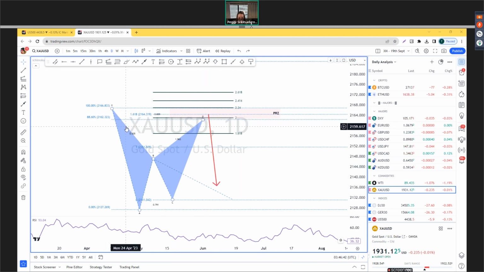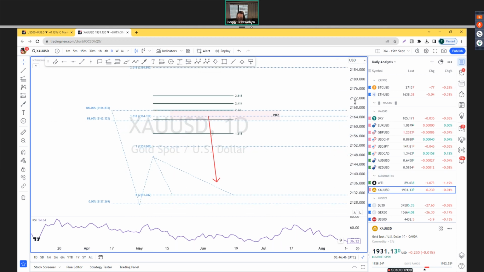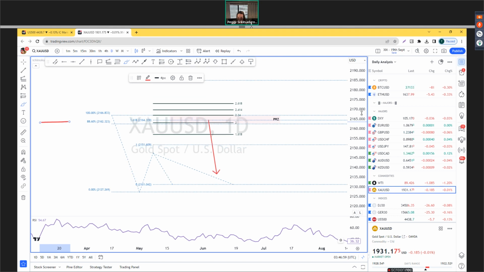Let's say I trade and I don't know about harmonic pattern. If the price comes somewhere here, and I draw and see there is 88.6%, and on my left here there is a supply zone, so there is a second confirmation. Then I draw a Fibo extension to here.